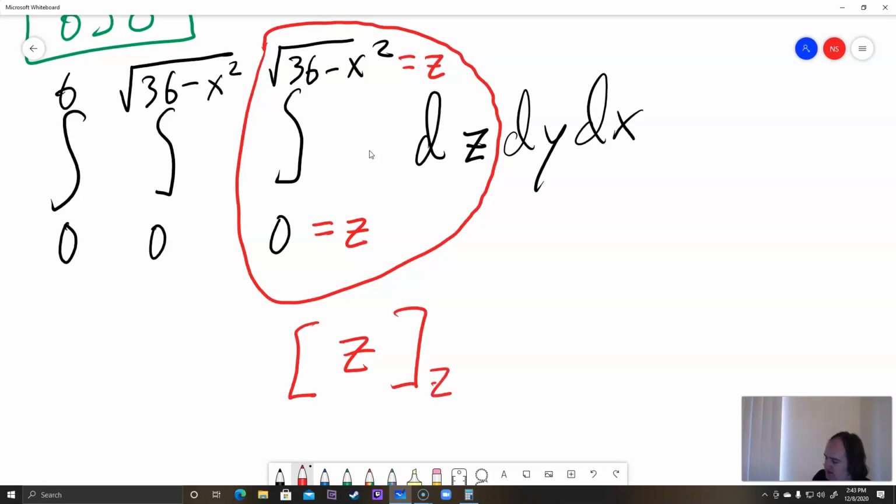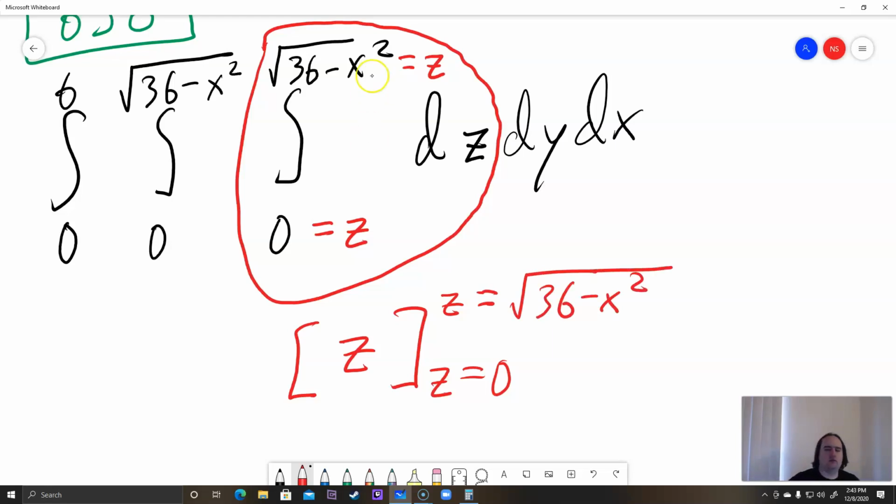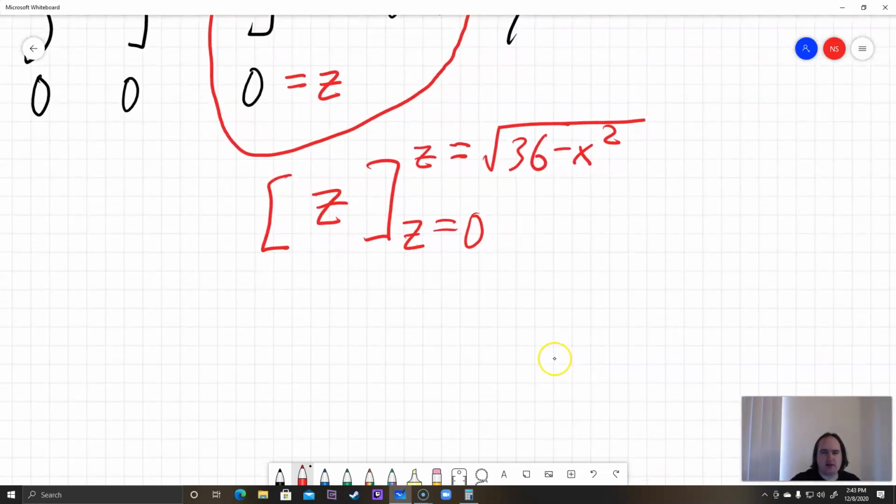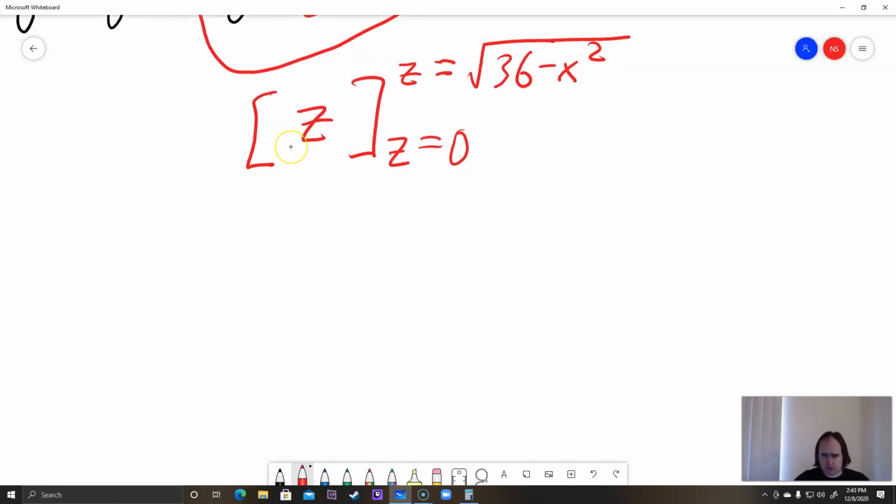And this is going to be evaluated from z equals 0 to z equals square root of 36 minus x squared. Okay, so we have a lot to plug in here, but fortunately the function itself is very simple. So we plug in the top number first.